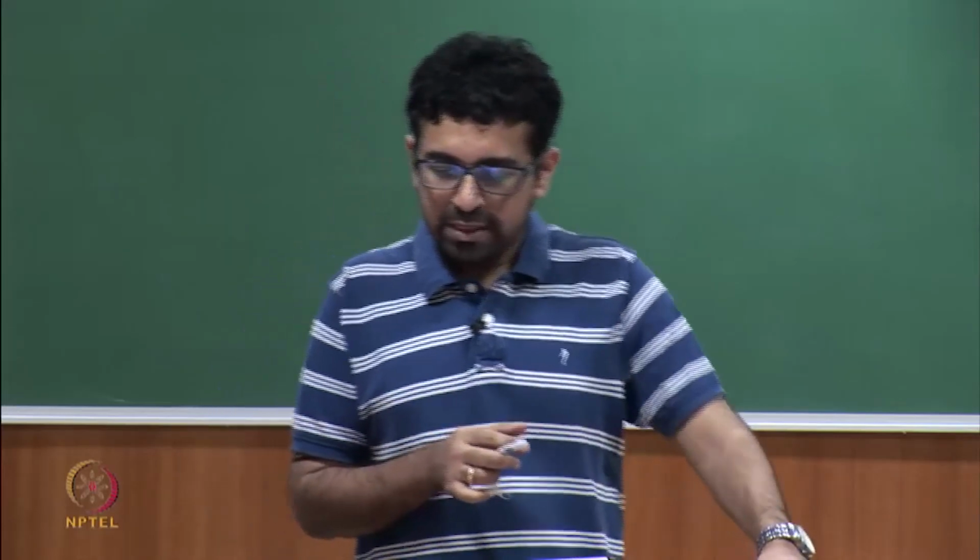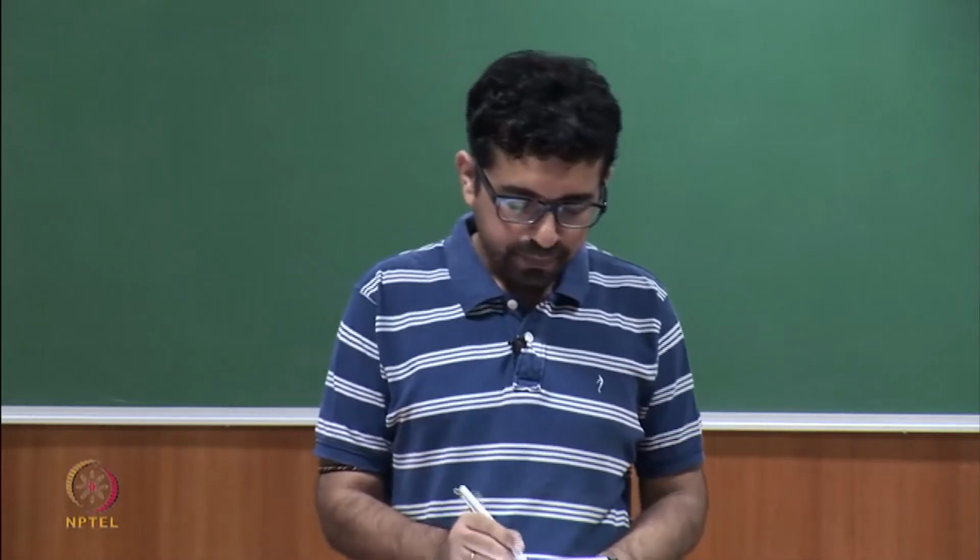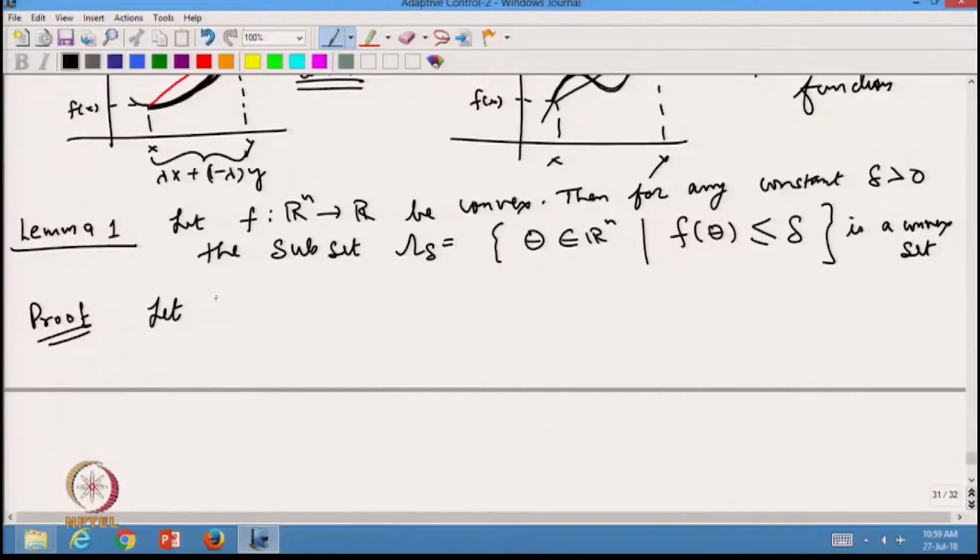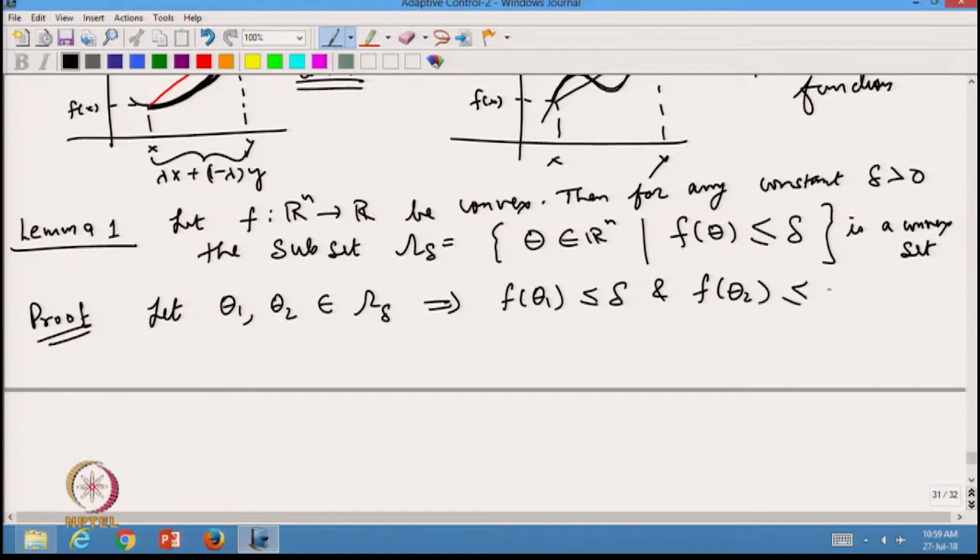Okay. So let us consider 2 points. So let theta 1 and theta 2 belong to omega delta. What this means is that f of theta 1 will be less than equal to delta and f of theta 2 will be less than equal to delta.